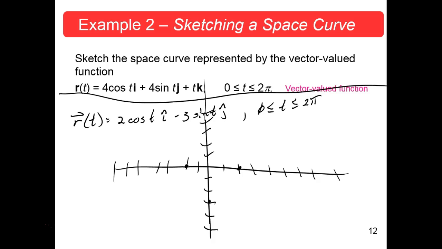Cosine of 3/2 pi is 0. Okay. So 0i and sine is minus 1. So minus 1 times minus 3 is plus 3. All right, it goes up there, and then 2 pi should take us right back to where we were.